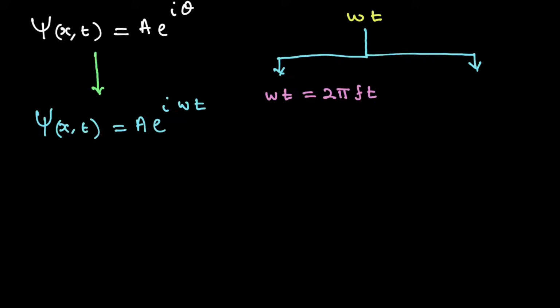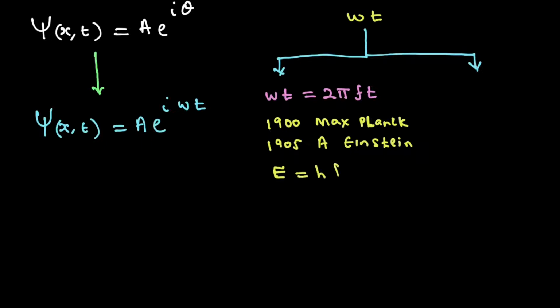And in 1900, Max Planck and Albert Einstein in 1905 proposed that E equals h f.